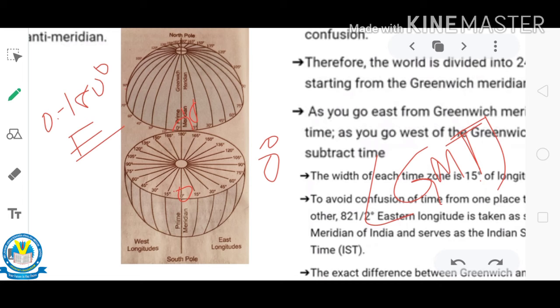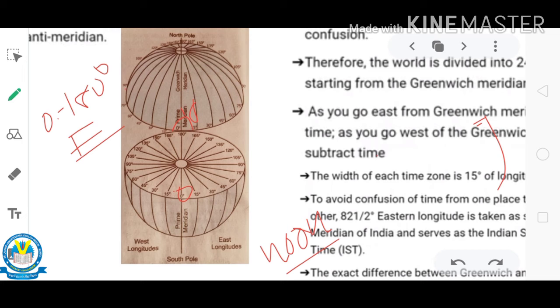Longitudes are also called meridians. Meridian means noon. Longitudes are related to time. It takes 4 minutes for the sun's position to move 1 degree of longitude.